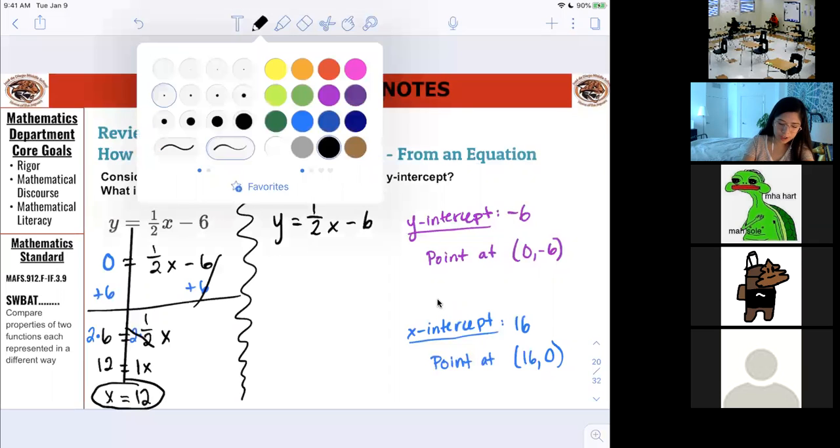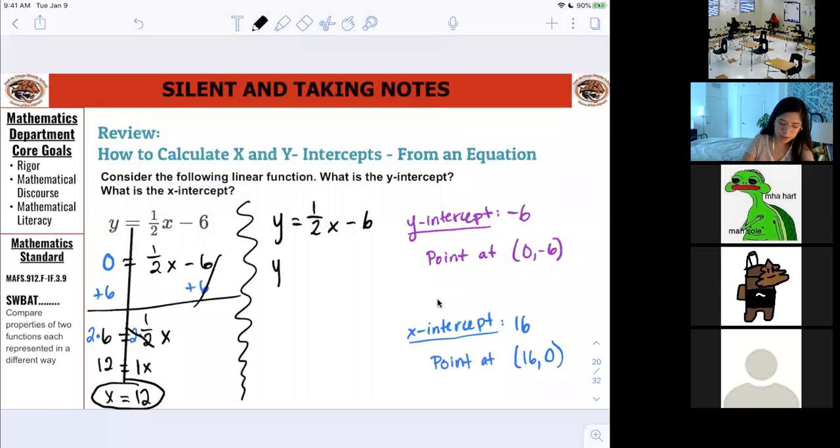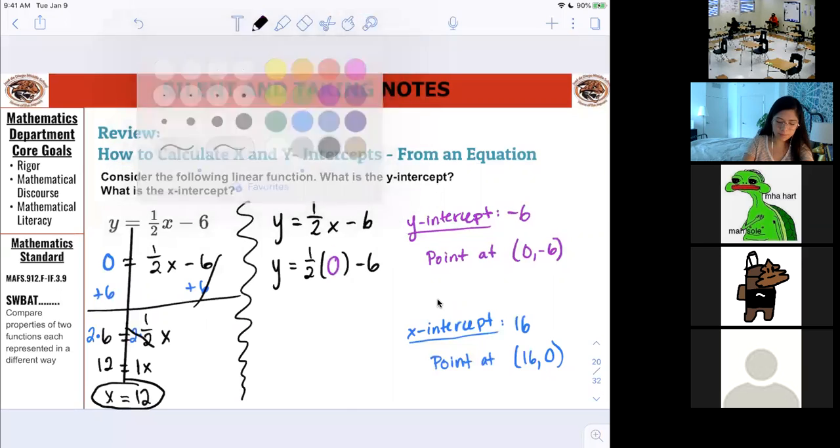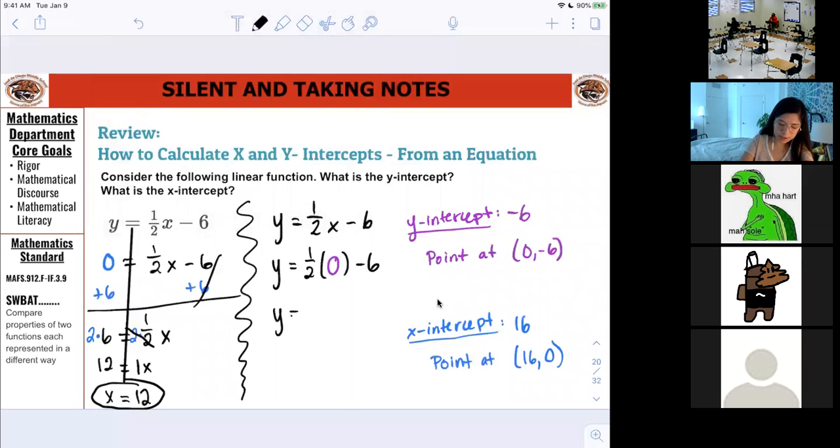If you have an equation and you're not sure where the y-intercept is, you can always plug in a 0 for x. And I'll show you why it still gets you -6. If I plugged in a 0 for x right here, what would happen to that fraction? It would cancel out because anything times 0 is 0. And so here, technically what I have is 0 minus 6, and 0 minus 6 is -6. So see, I still got -6.